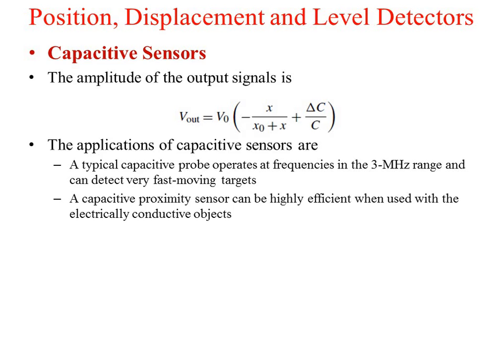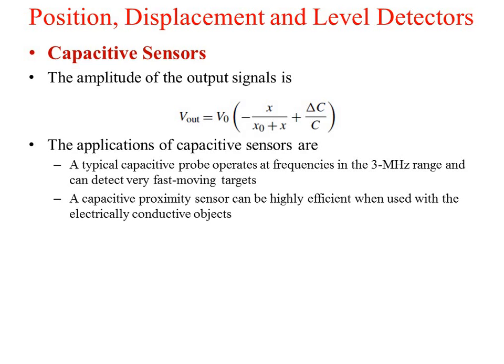So the applications of capacitive sensors: you can generally use such capacitive sensors to measure high frequencies, as capacitive probes which operate in the range of 3 megahertz, and they can be used to detect very fast moving targets.